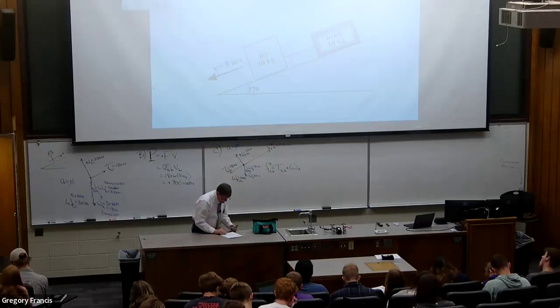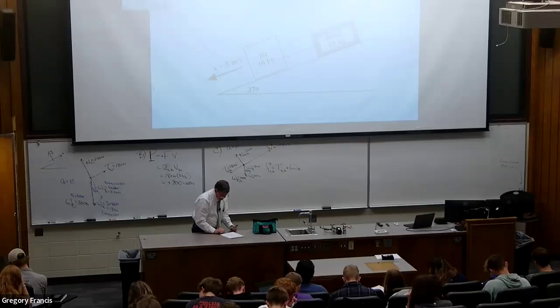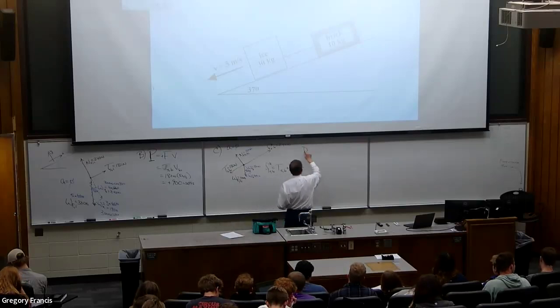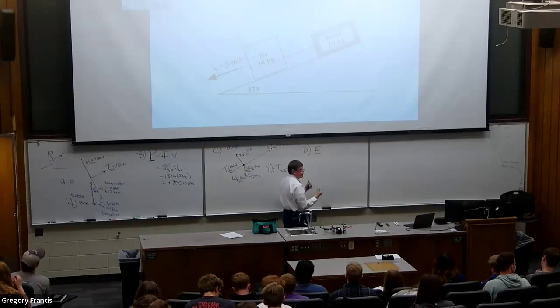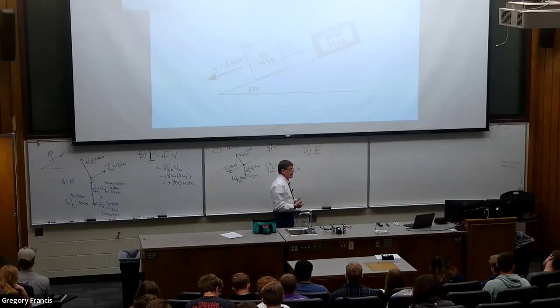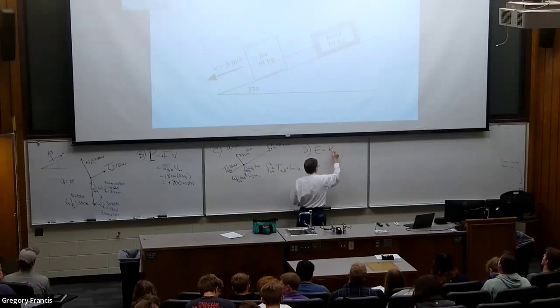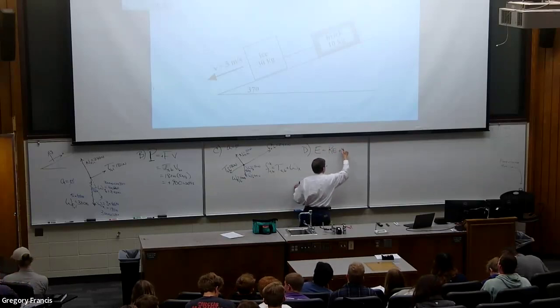Is the mechanical energy of the earth-ice system conserved as the ice and the brick move down the incline at constant speed? Well, remember, mechanical energy, or total mechanical energy, depending on what you're calling it that day, is just the sum of the kinetic energy plus any potential energy we have in the problem.